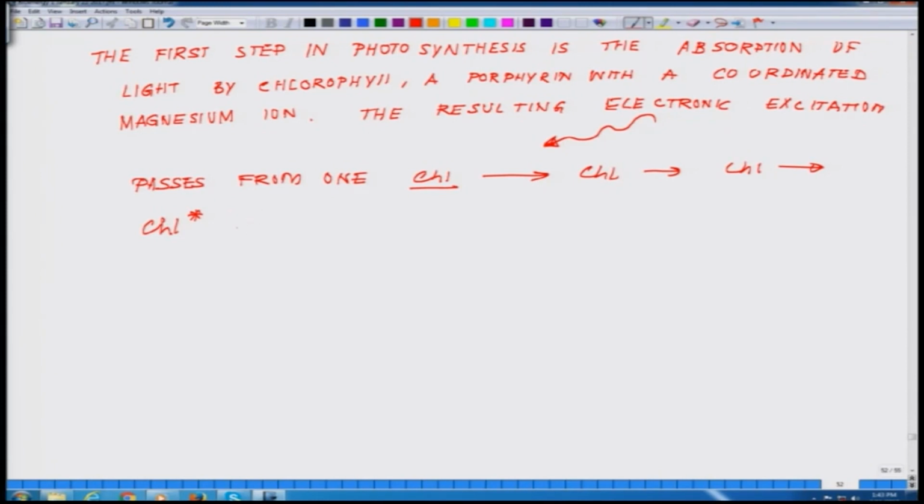until it reaches something, and this chlorophyll is a very special chlorophyll, special CHL, which is also called the reaction center.